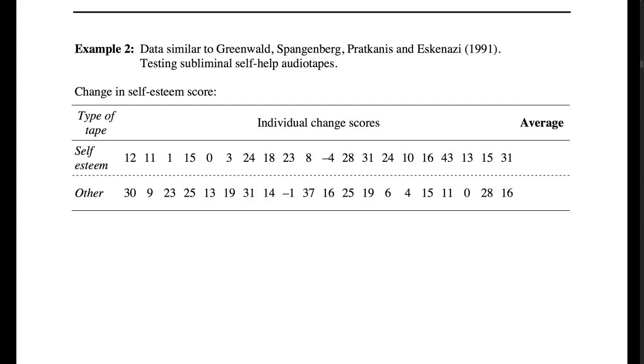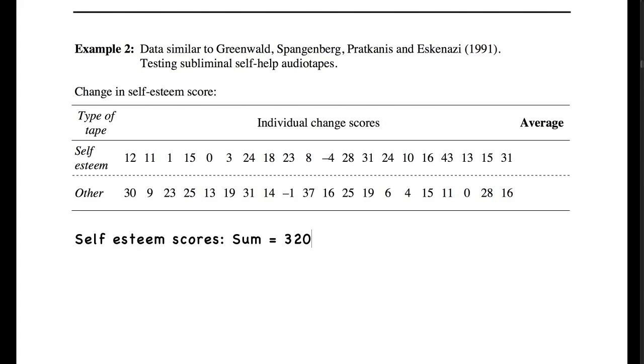So let's do that for the self-esteem scores. So to get an average, we can total up all of those scores. You might like to check this later with a calculator, but the sum of those scores in that upper row of numbers comes to 320.